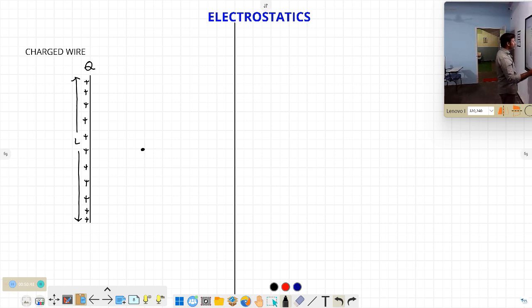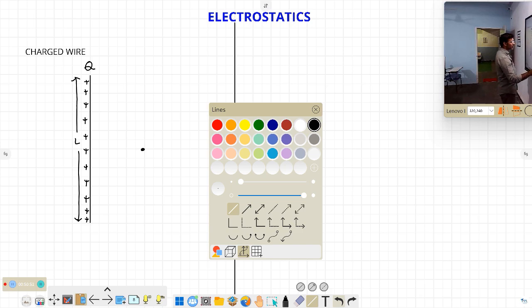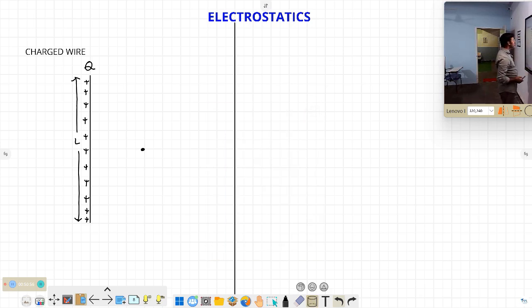So first, what is the point of discussion here? At what point do you want to calculate? At that point, you have to construct the Gaussian surface first. That is an important concept for our discussion. So while constructing the Gaussian surface, first, what is the shape of the body? Here, this is the wire.